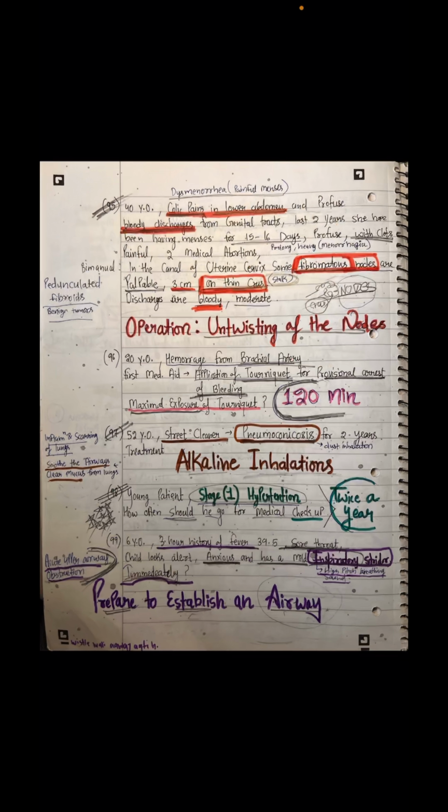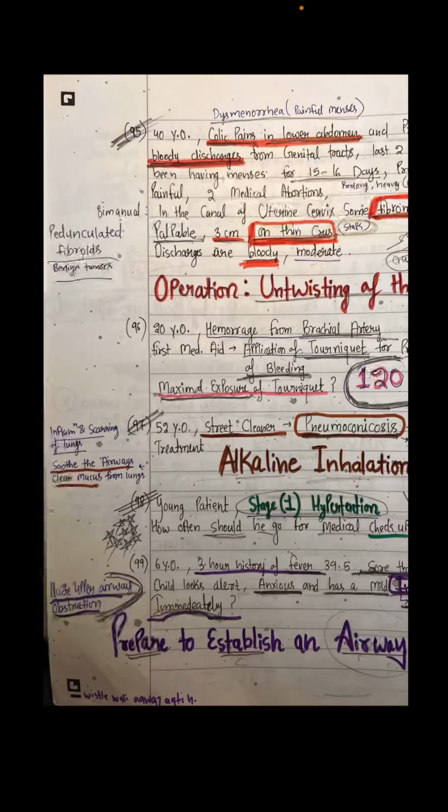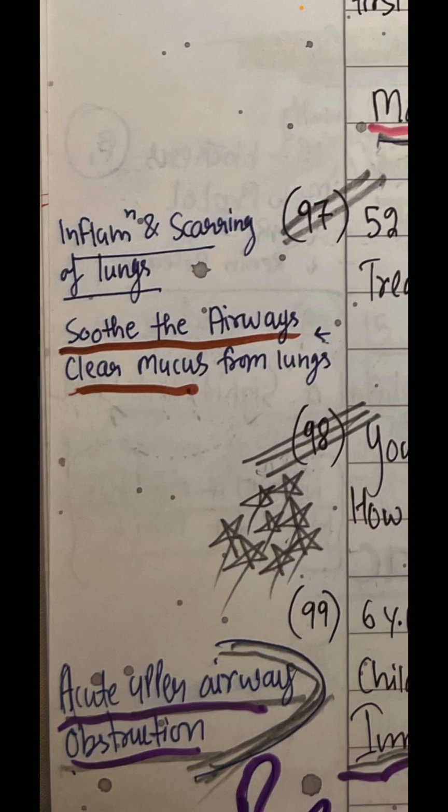The baking soda should be mixed with water, and the vapors can be inhaled with very lukewarm water. A little bit of vapors you can inhale in order to solve the problem with the lungs primarily. What it does, sir, is soothe the airways and clear the mucus from the lungs.